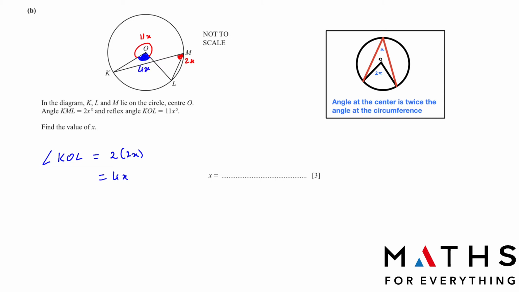What other thing do you know about the angles? Angles at a point equal 360. So this whole thing equals 360. 11x plus 4x is equal to 360. 11 plus 4 is 15x. Therefore, x is equal to 360 divided by 15, which is 24. So x is equal to 24.